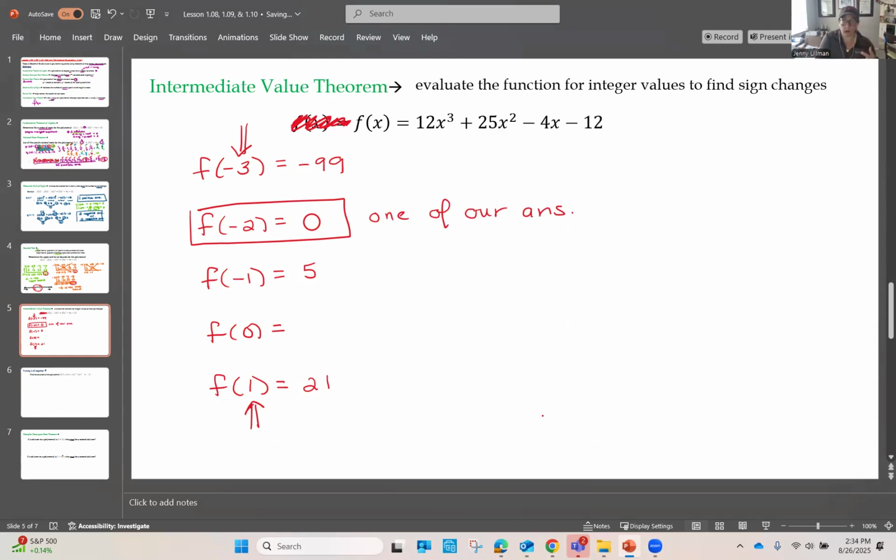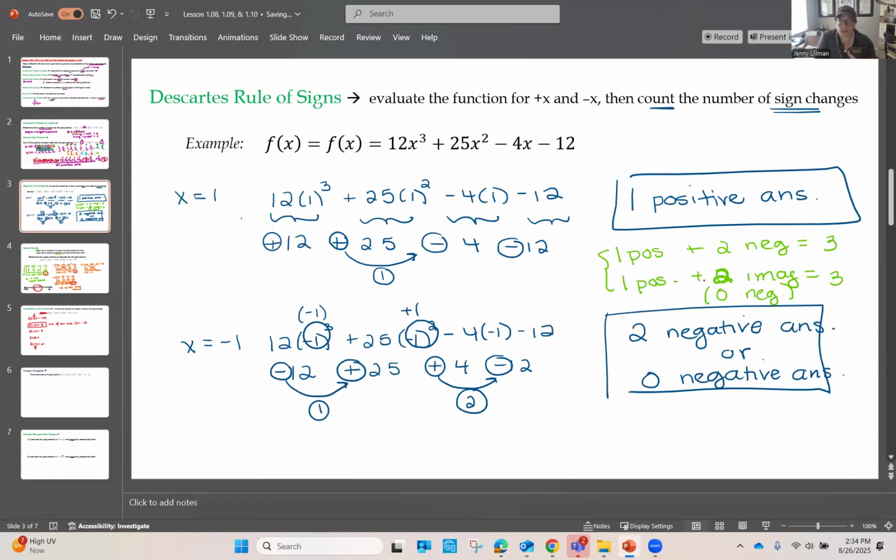Because if we get a y value of 0 or a remainder of 0, that means this is an x-intercept. So we know one of our solutions is -2, which is great because it's a negative number. Remember, we weren't sure, do we have 2 negatives or 2 imaginaries? Well, I just found one negative, which means there's another negative answer in there. So I can figure out where that goes.